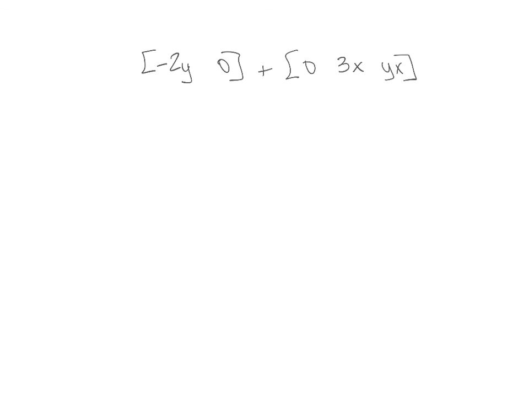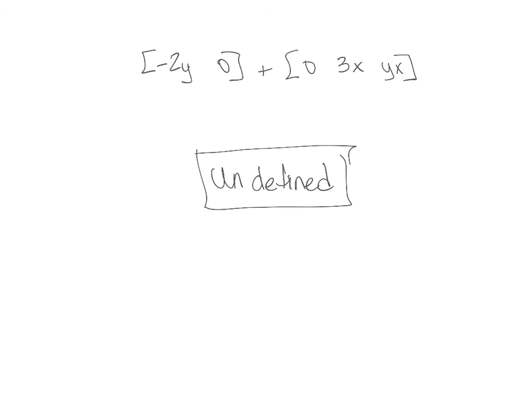All right, did you guys get an answer? I'll write down my answer. No peeking if you're not done yet. I have the answer undefined. You're like, what? How'd you get undefined? Well, in order to add matrices together, what do they have to have? Right, same order.